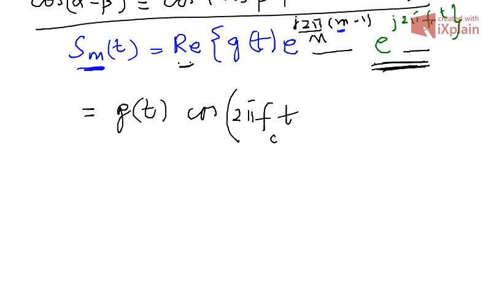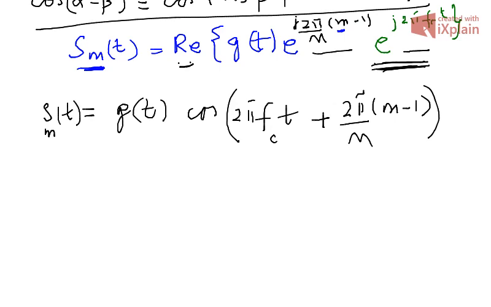So let me write it, plus 2 pi (m minus 1) over M. So this is your Sm of t, the M-ary waveform for the M-ary phase modulated signal.